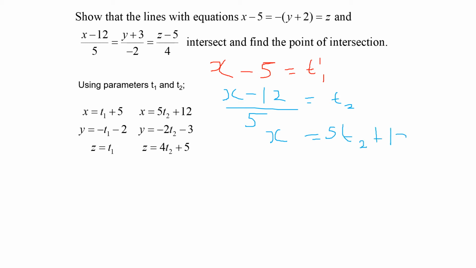It's just a rearrangement using basic algebra. So you will get x, y, and z in terms of t2 as shown here.